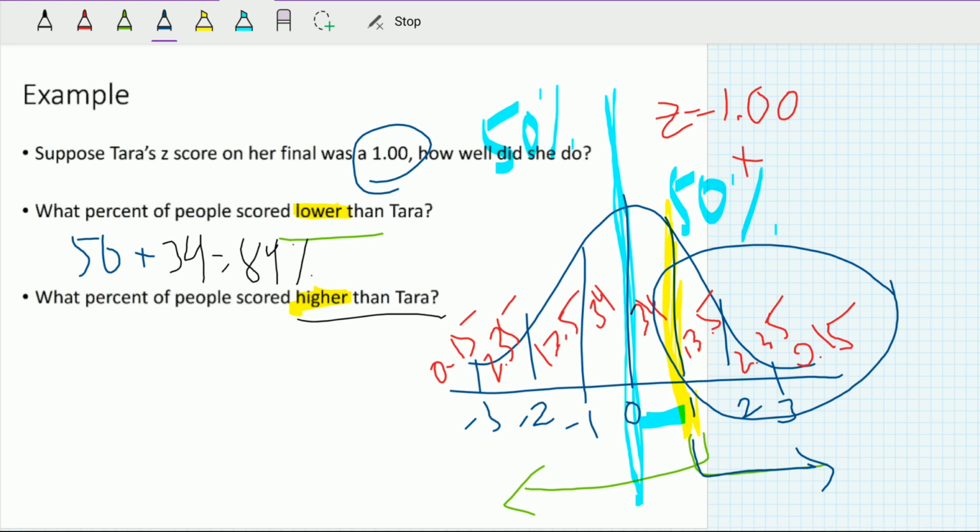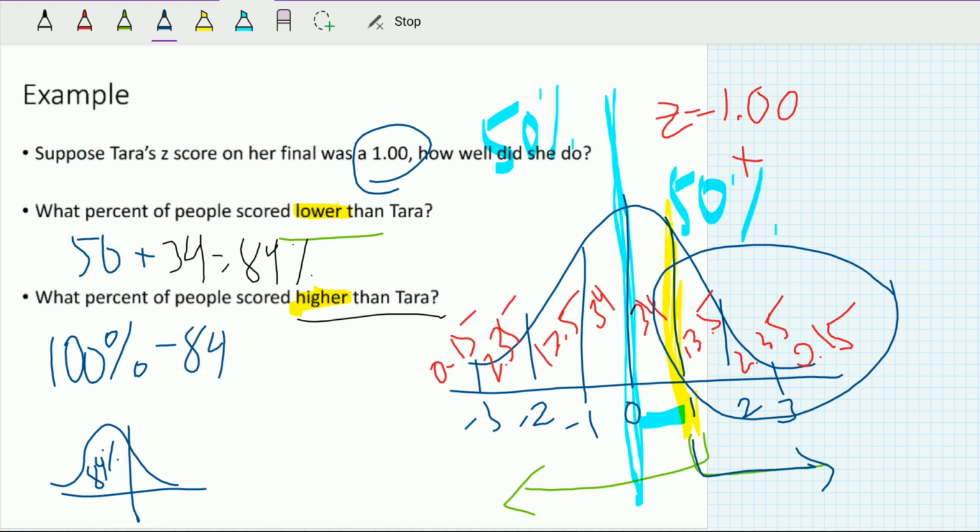Or you can also just do the entire curve is 100%. We know that 84% of people scored lower than Tara, so to figure out the other percentage, we can just do 100% minus 84%, and that gives us our answer, which is 16%.